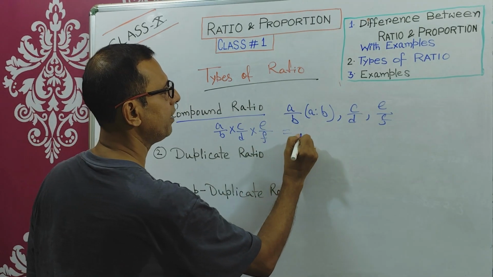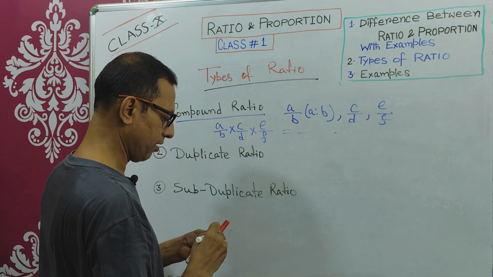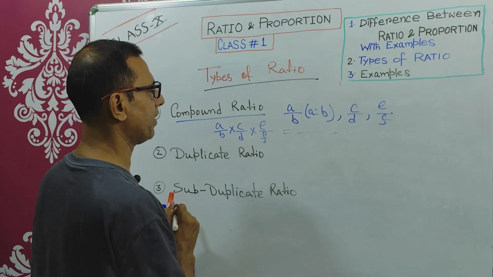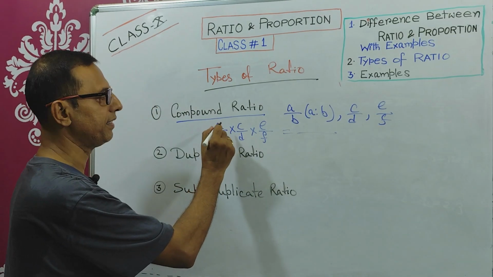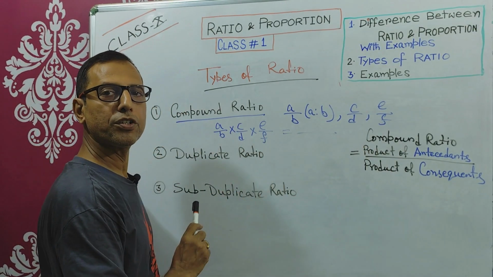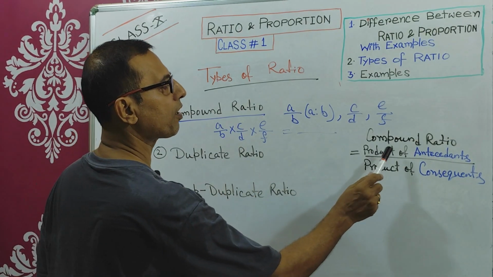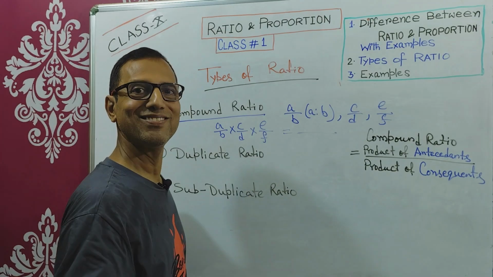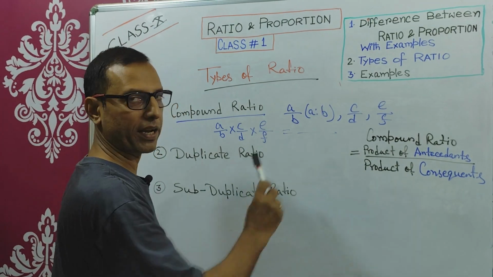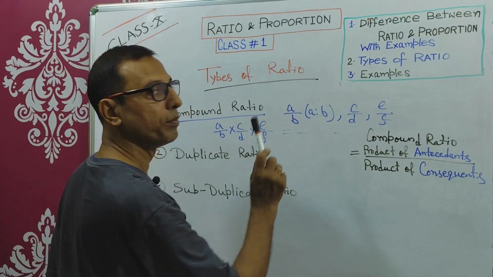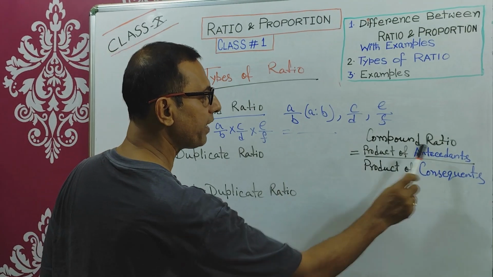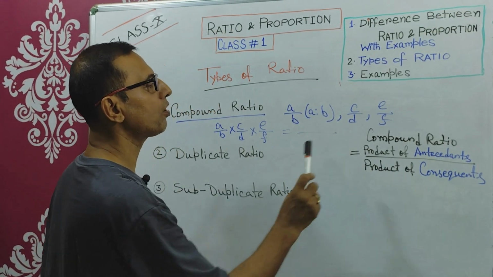That is actually the multiplication of the numerators, or you can say antecedents. So the compound ratio of the given ratios is equal to the product of antecedents, or the numerators of the fraction terms, divided by the product of consequents or denominators.